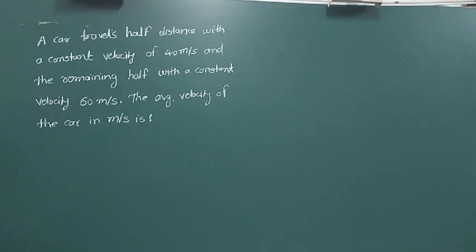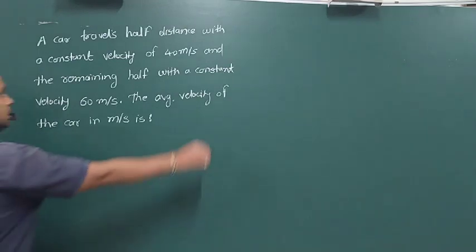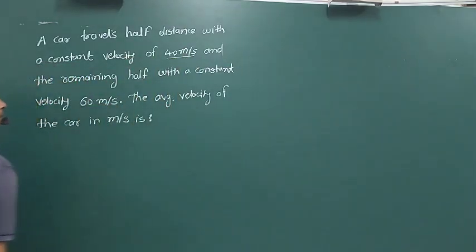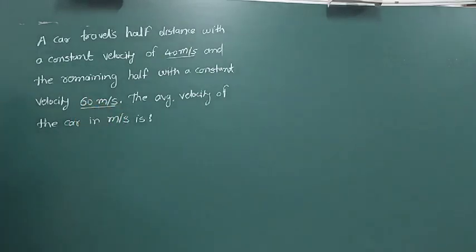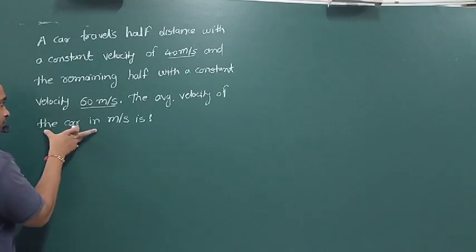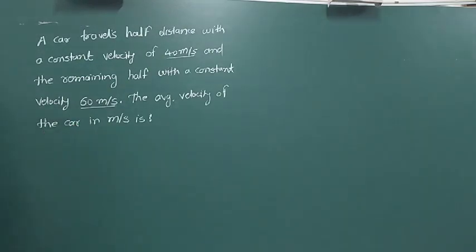Now see next numerical. A car travels half distance with a constant velocity of 40 meter per second, and the remaining half with a constant velocity of 60 meter per second. Okay, now the average velocity of that car is.